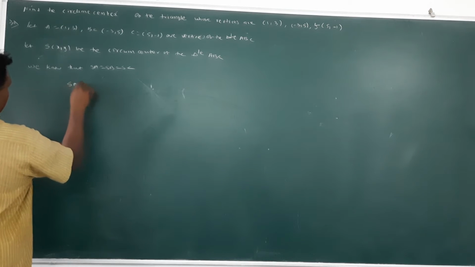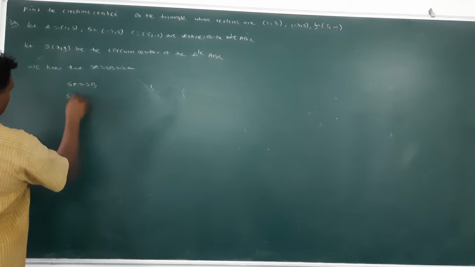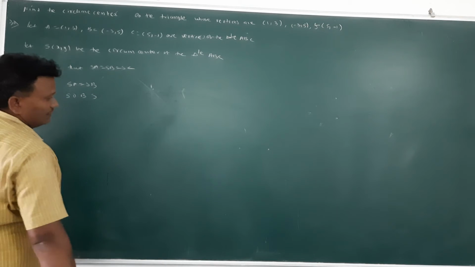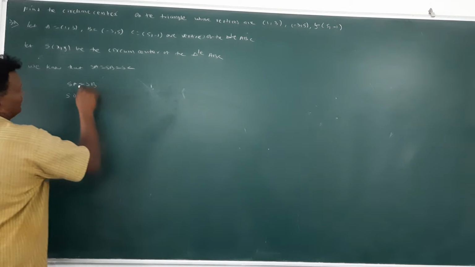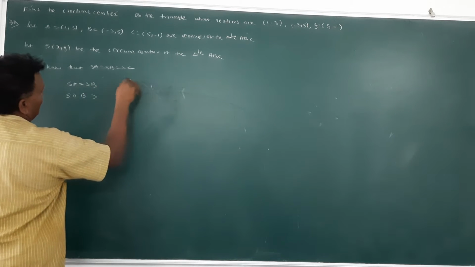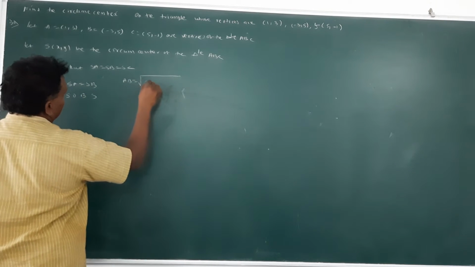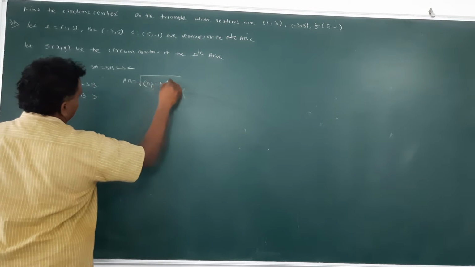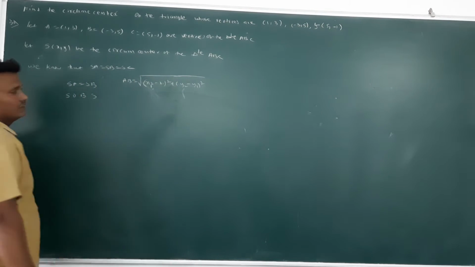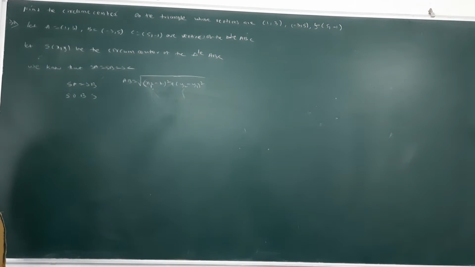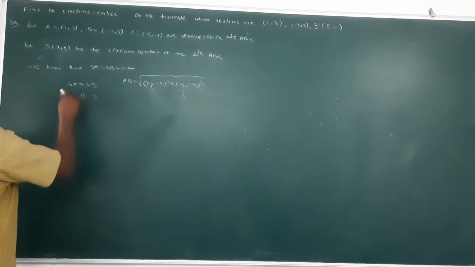SA is equal to SB, squaring on both sides. What is the distance between 2 points? AB is equal to under root of (x2 minus x1) whole square plus (y2 minus y1) whole square.